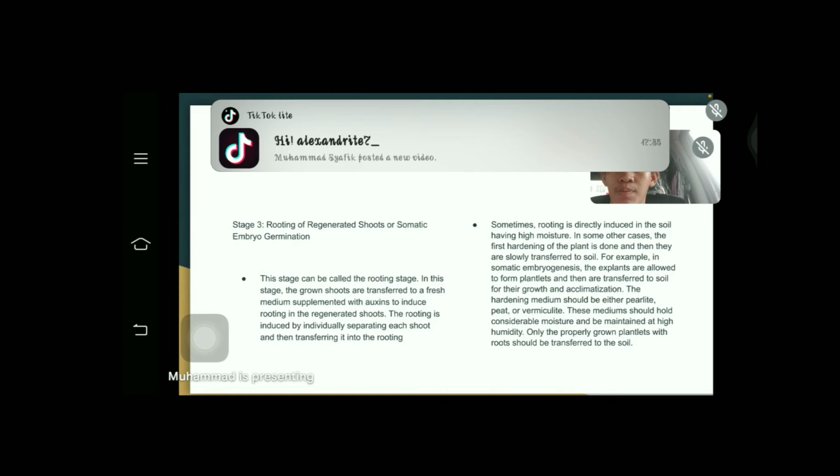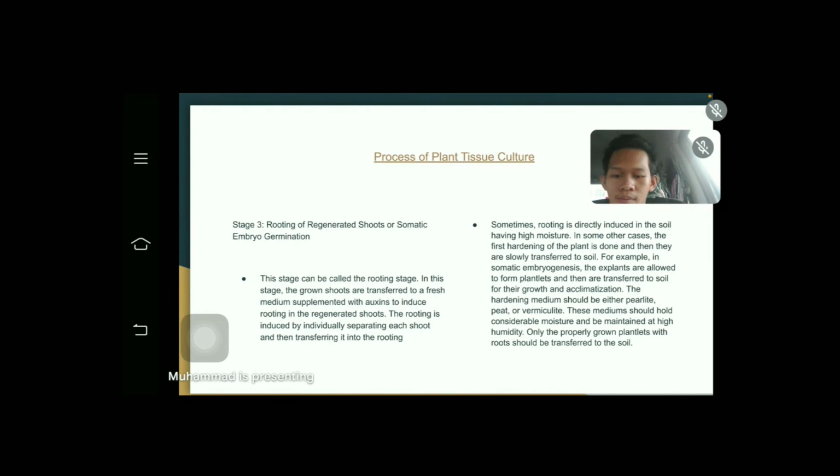Only the properly grown plantlets with roots should be transferred to the soil.